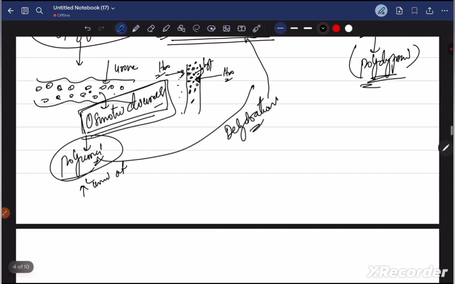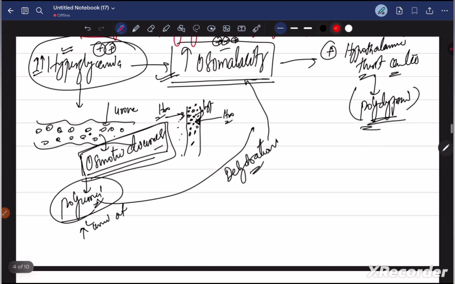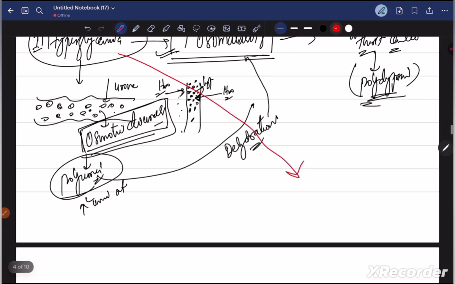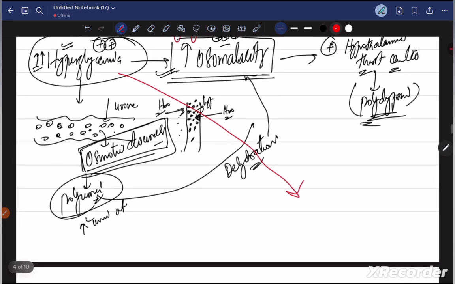Now, because of this hyperglycemia, since I told you there is decreased insulin production in type 1 diabetes mellitus, and despite a normal concentration of insulin in type 2, in a nutshell, the body cells are unable to utilize the glucose.